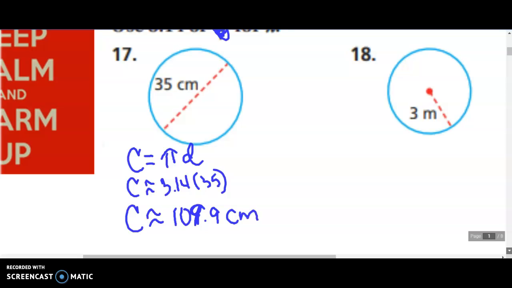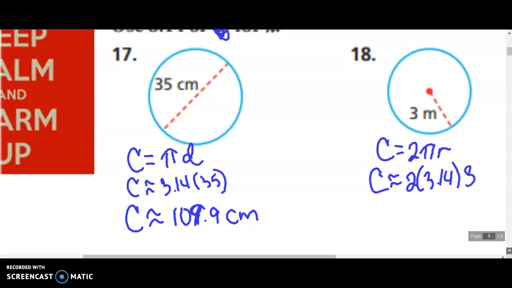Number 18 here, we're given the radius, so we're going to use C equals 2 pi r, and C is approximately 2 times 3.14 times the radius of 3, and C is approximately 18.84.